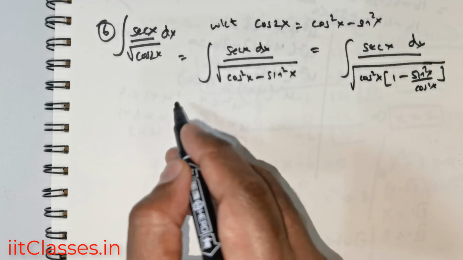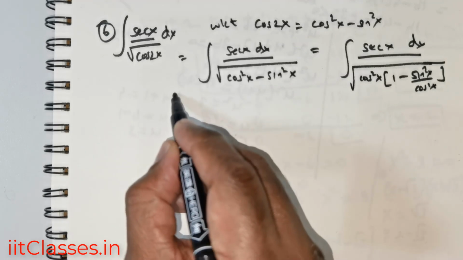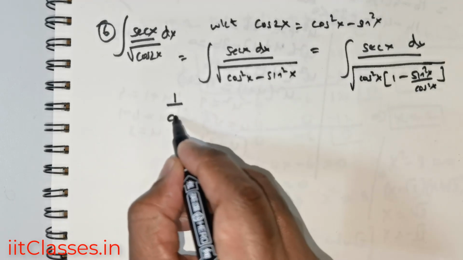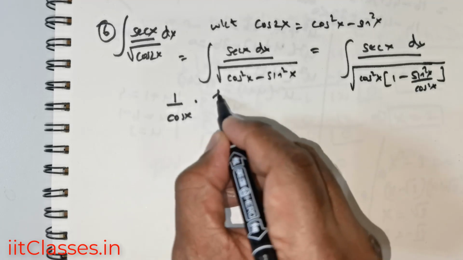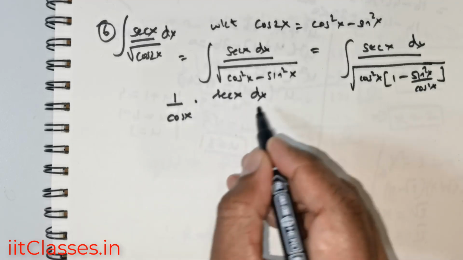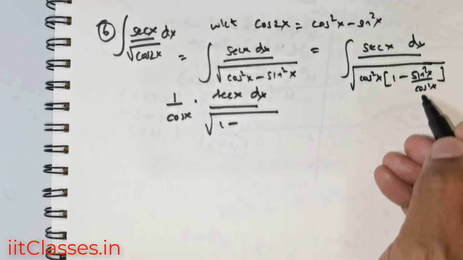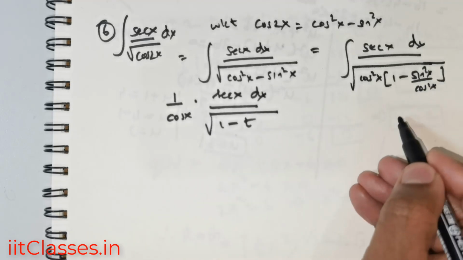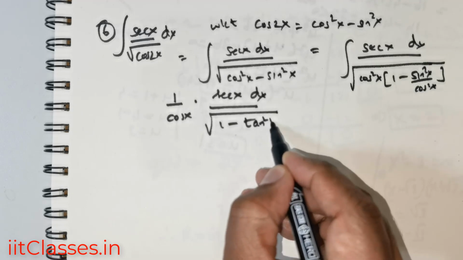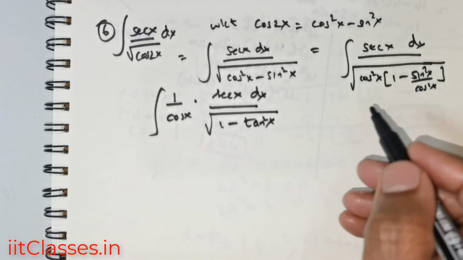Now bring cos squared x out, so that would give me 1 over cos x times secant x times dx divided by root of 1 minus sin over cos is tan, you've got sin squared over cos squared, so this is going to be tan squared x, and you have to integrate.